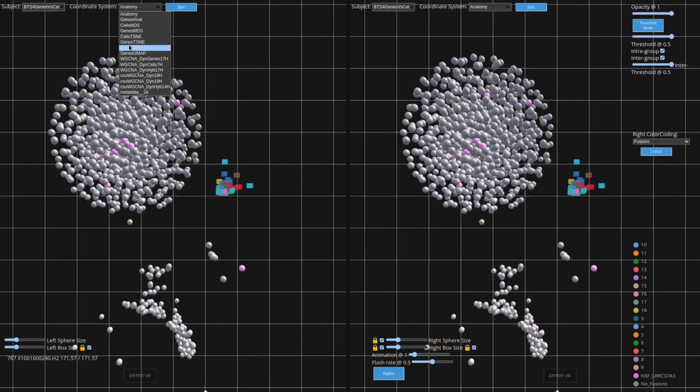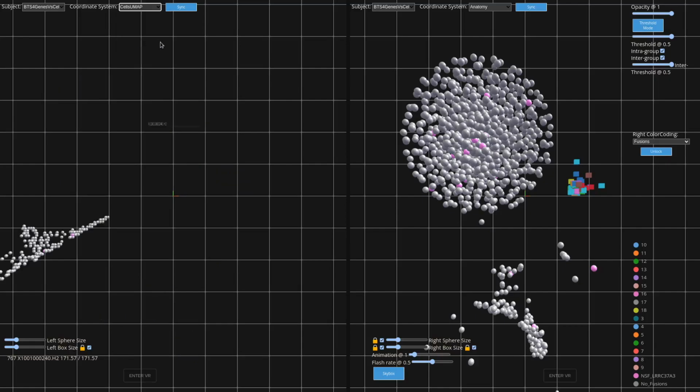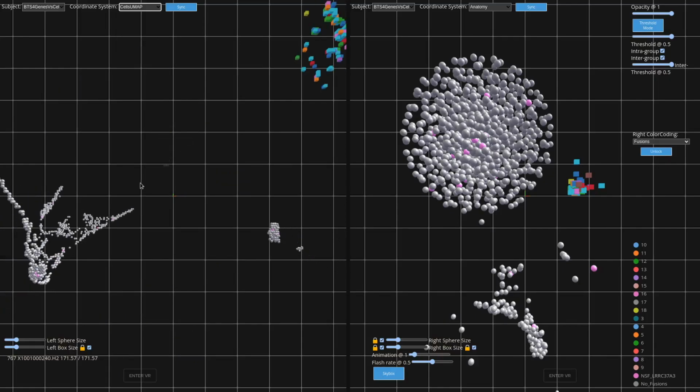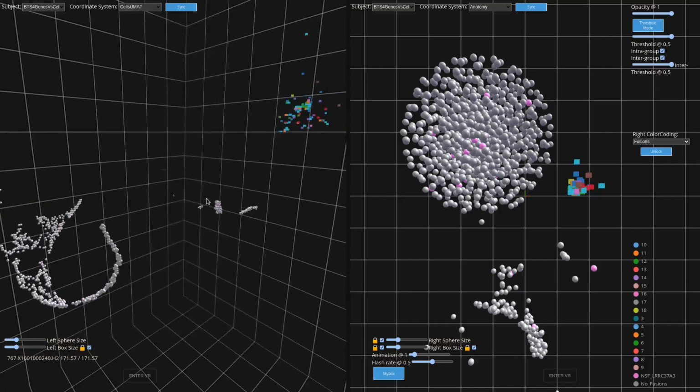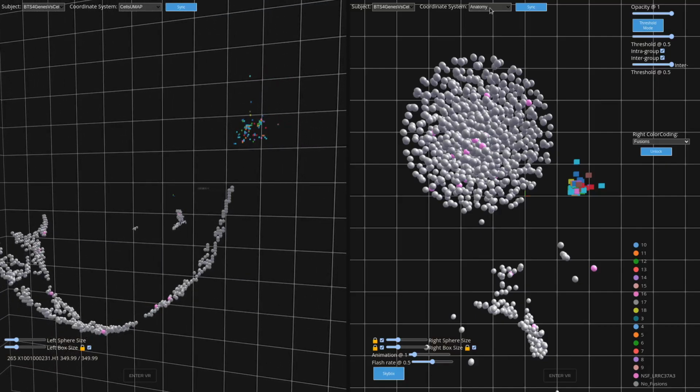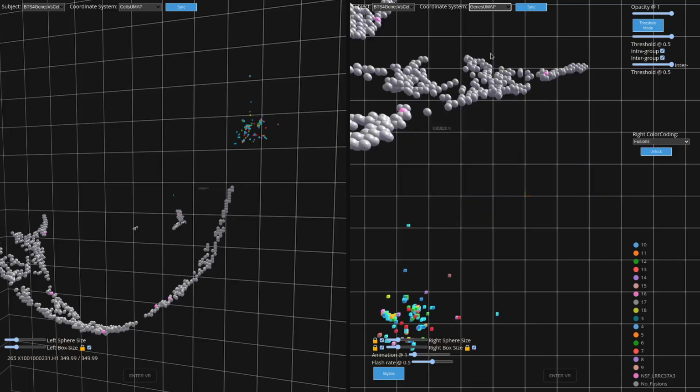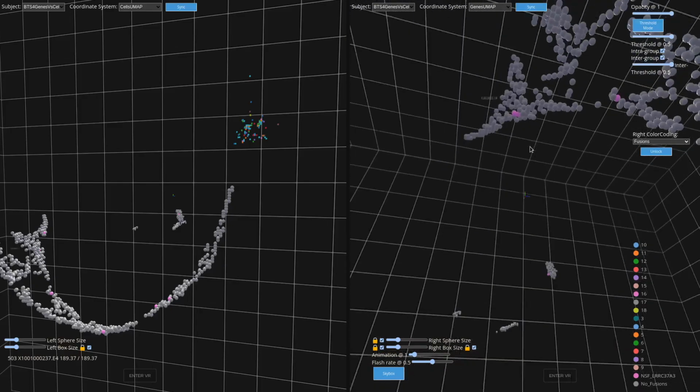So that's a tSNE right there, and I can also view it as a UMAP. And on the left, I'm going to have the UMAP embedding of the cells. On the right, I'll have a UMAP embedding of the genes.